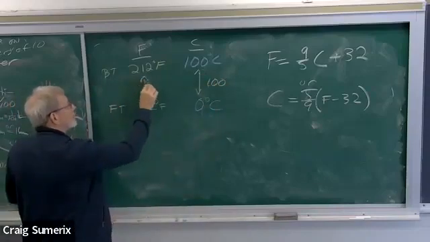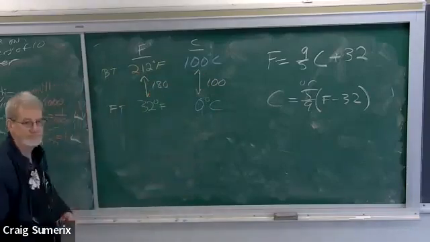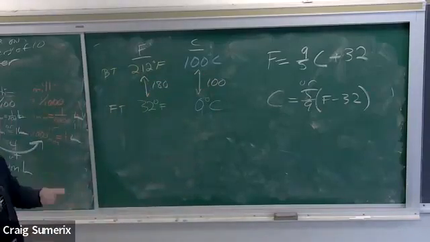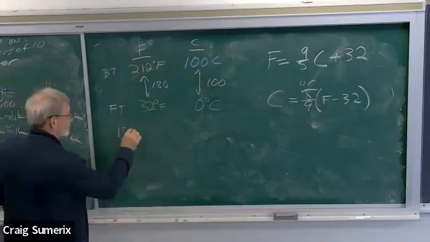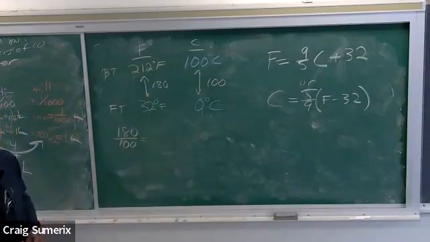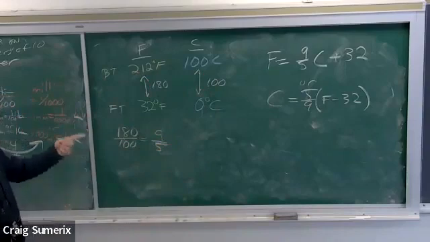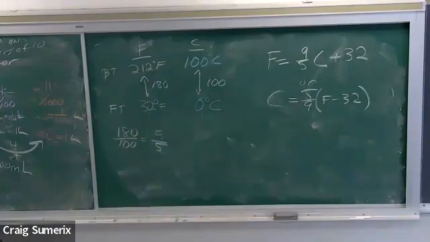What's the difference between these two numbers? If we compare them, what does that reduce to? That's where your 9/5 comes from. Where do you think the 5/9 comes from?